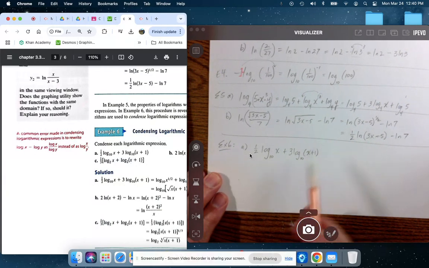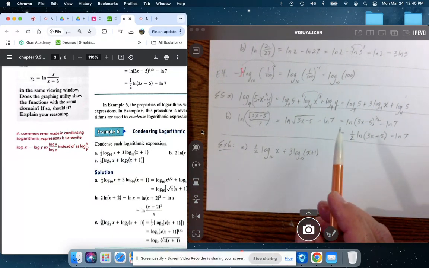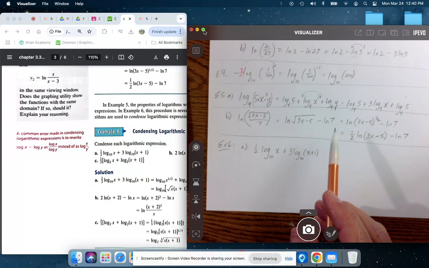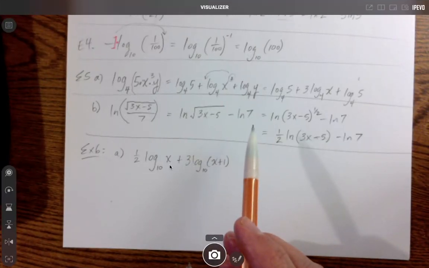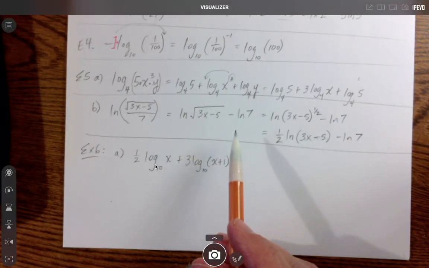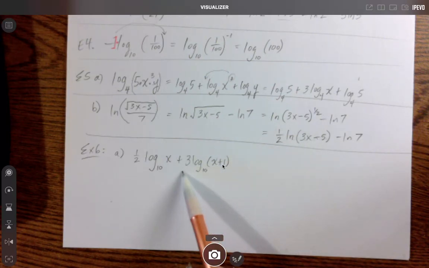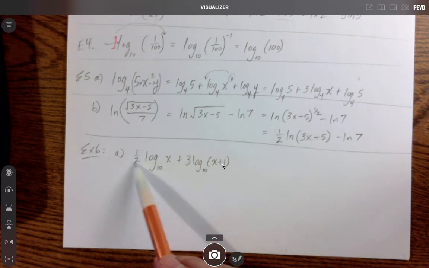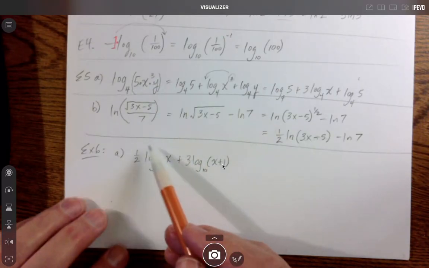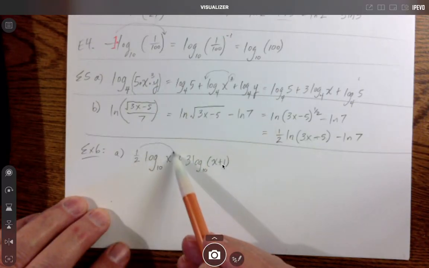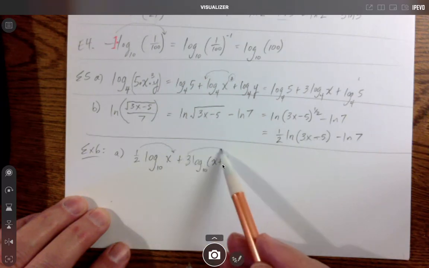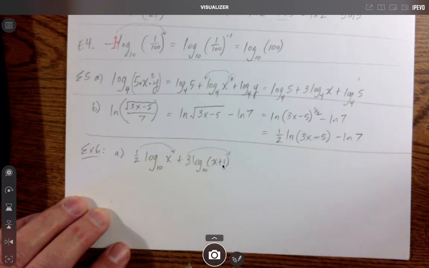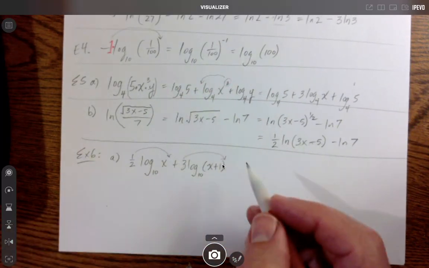All right, so since this is a sum of two logs, we can write that as a product. But before I do, I need these coefficients to go away, right? So we've got to take care of that first. So this 1/2 is going to become a power on x, and this 3 is going to become a power on x plus 1.